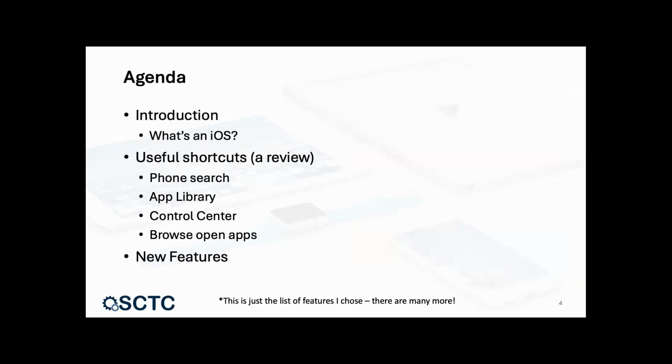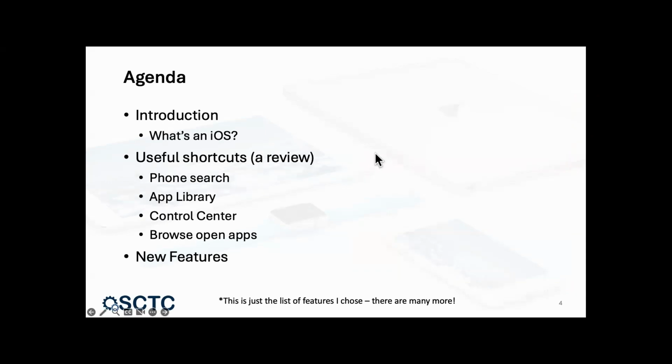All right, so this is what we're going to talk about. We're going to do a little introduction and background. What's an iOS and, by the way, an iPad OS? They're almost identical. So when we're talking about iOS in this presentation, it also applies to an iPad.